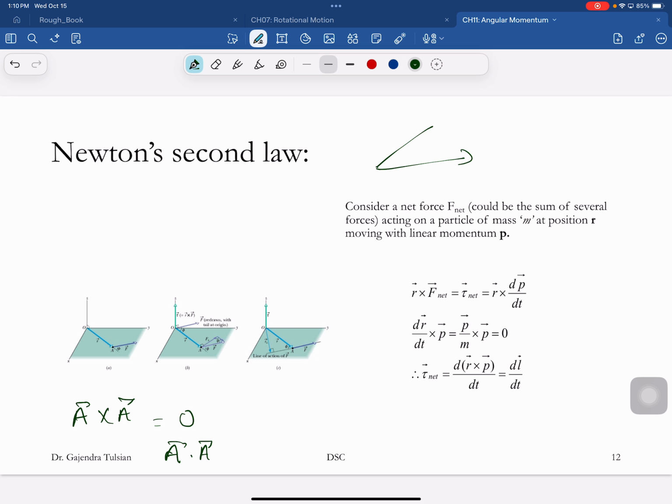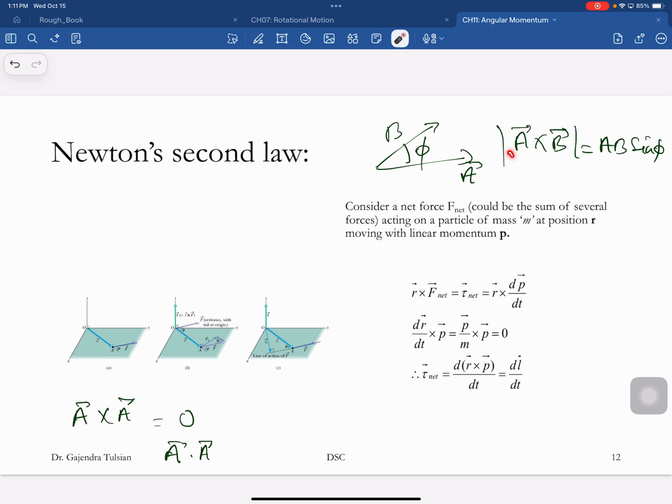A cross B has magnitude of A, B times sine phi. If you cross A with itself, phi would be 0 and sine 0 is 0. And for what other angle is sine 0? 180 degrees. So parallel vectors and anti-parallel vectors give you a cross product of 0.